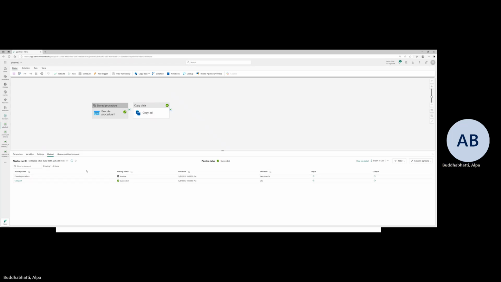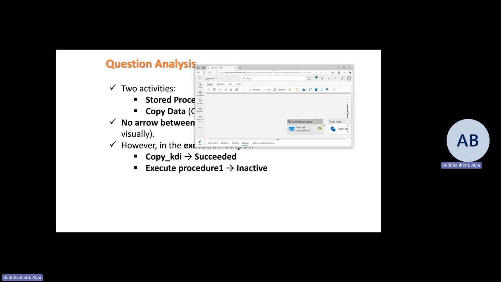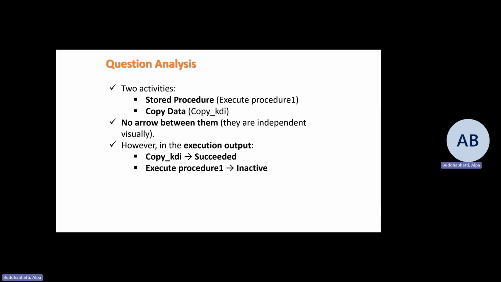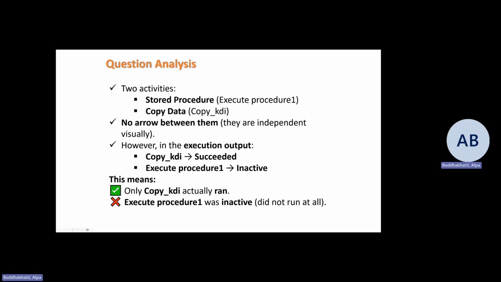If we look at the output, we have a copy activity which is active, so it will run, and Execute Stored Procedure 1 is inactive, so it won't run; it is skipped. So if you look at the options, this is the right option.